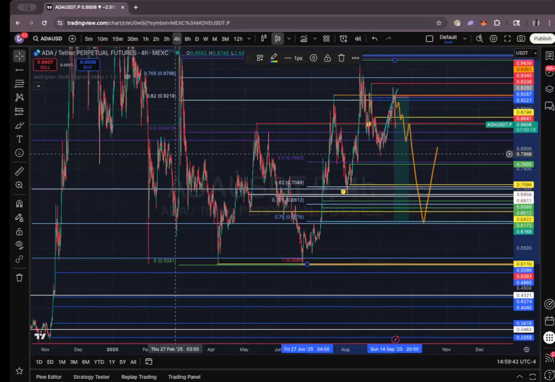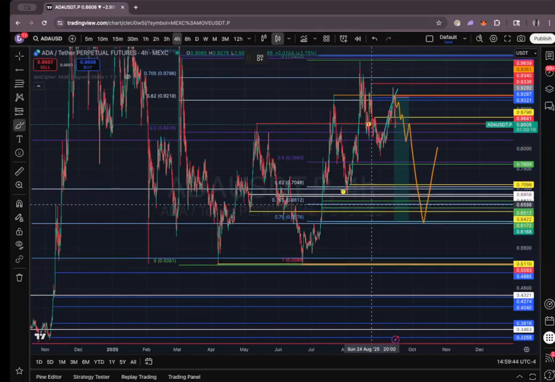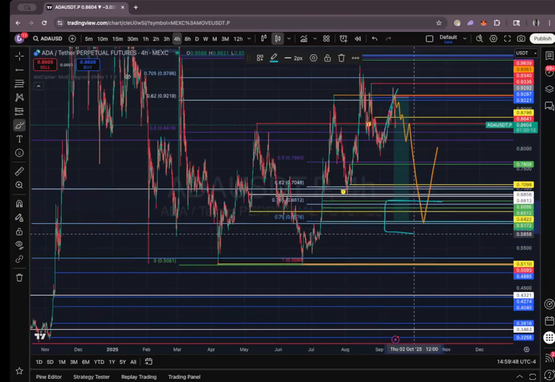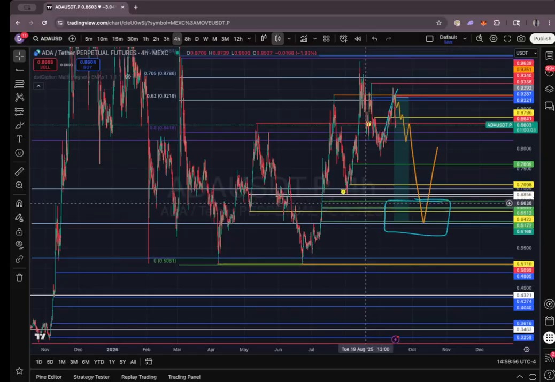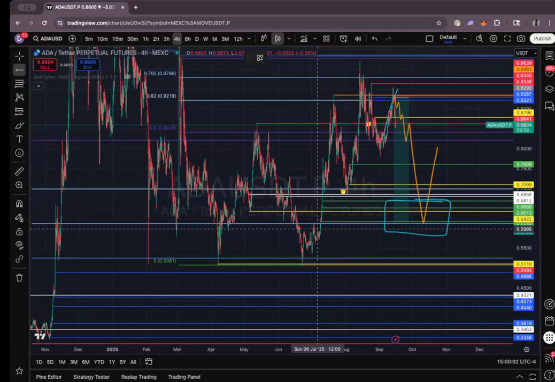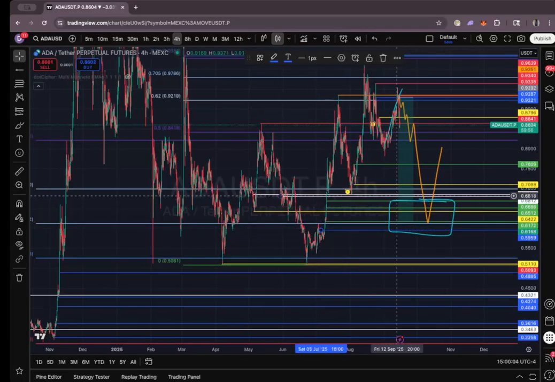I want to see, here I'll circle it for you guys, right here. There it is, right there. That's the level. It's between 66 cents and 59 cents, really. Right here, right?